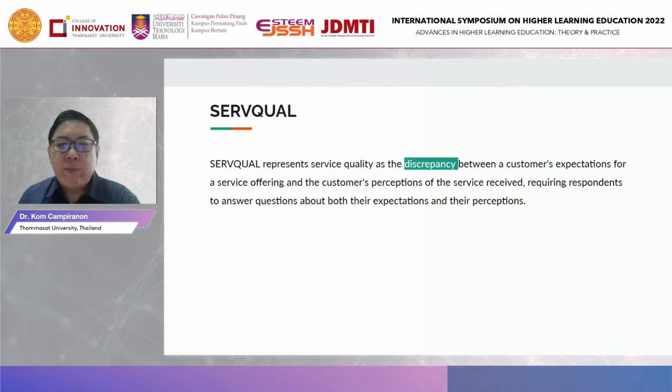For example, if I want to order a burger, I might search different restaurants and find that this restaurant has a burger that looks really nice. But when I actually order it, it doesn't look that nice, or maybe it looks a lot smaller than I thought. Again, that's the discrepancy or gap between what people expect and what people actually see in reality.